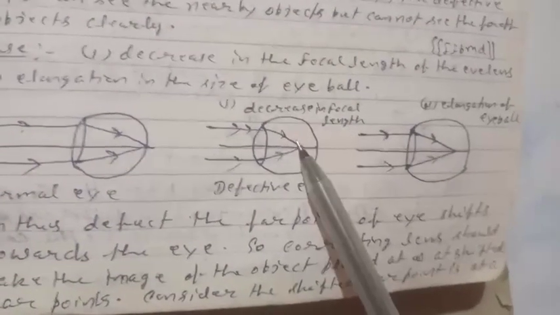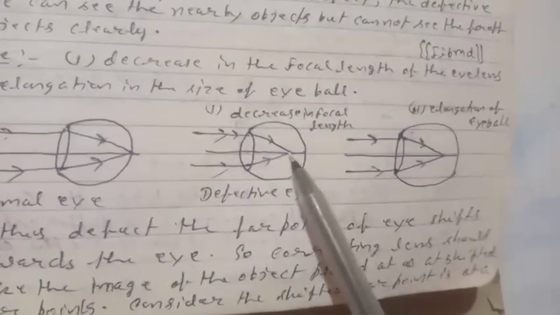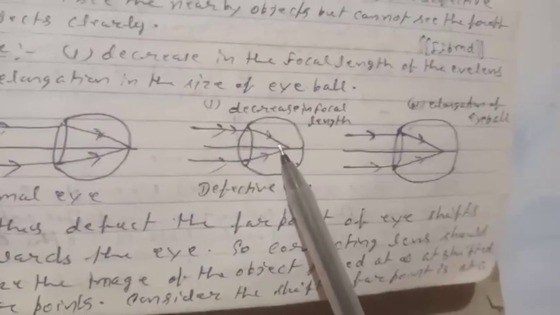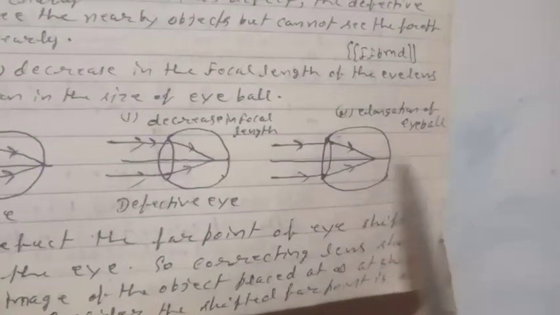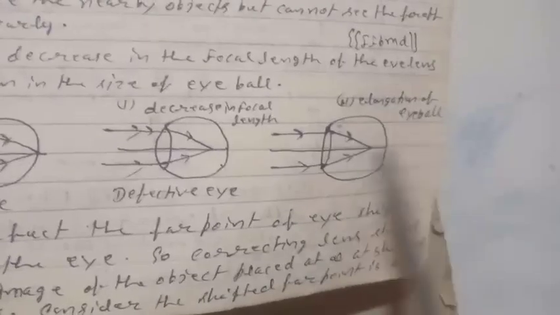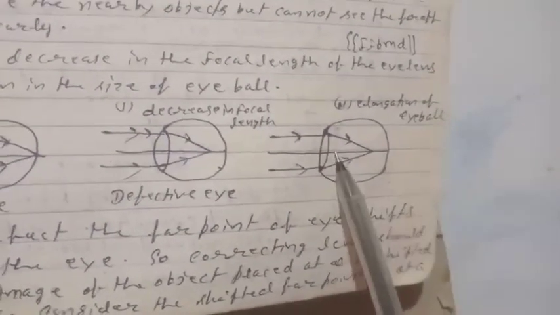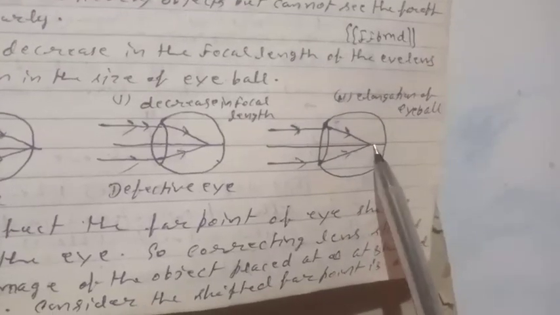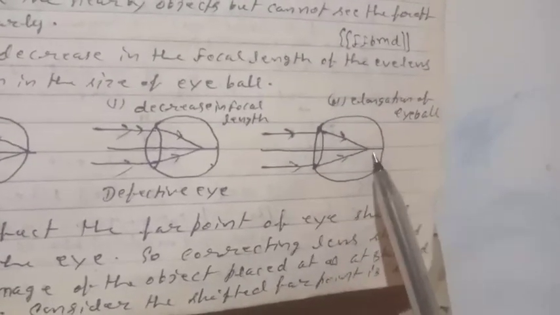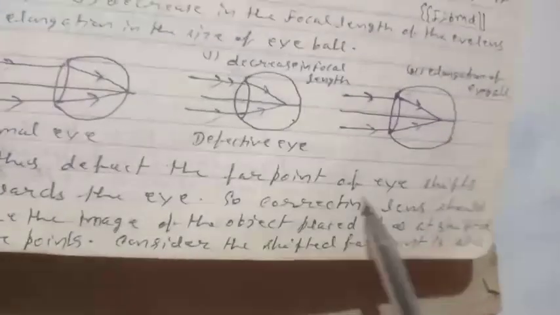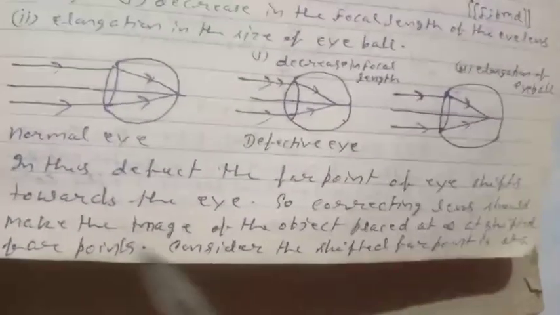Now with the decreased focal length, the image is formed in front of the retina. In this case the lens is the same, but the eyeball has elongated, that is, the distance between lens and retina has increased, but the focal length is the same, so the image will be formed in front of the retina.